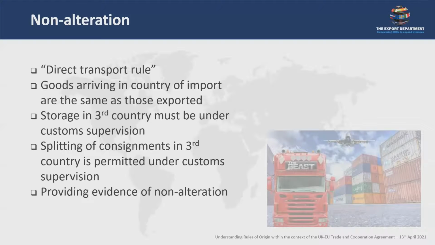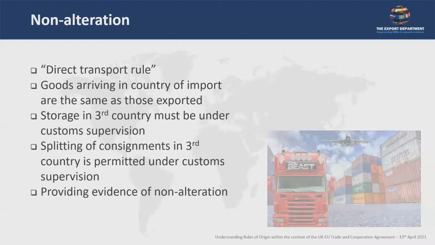So where they're transiting through a different country, they have to be kept within customs supervision, if you like, for that preferential trade to continue, for them to keep their originating status. So they can't be released into free circulation, they've got to stay within a customs procedure.